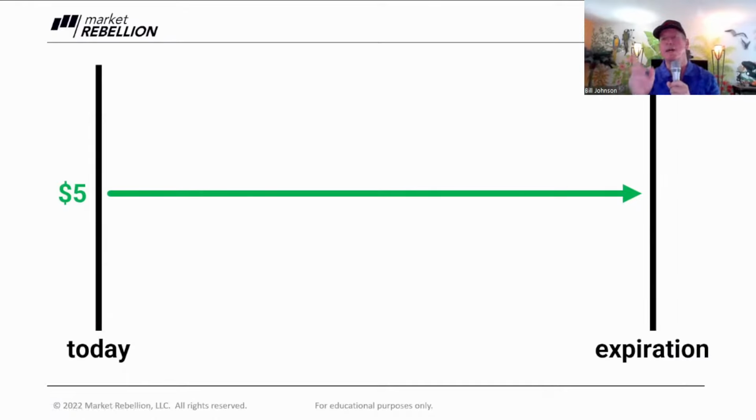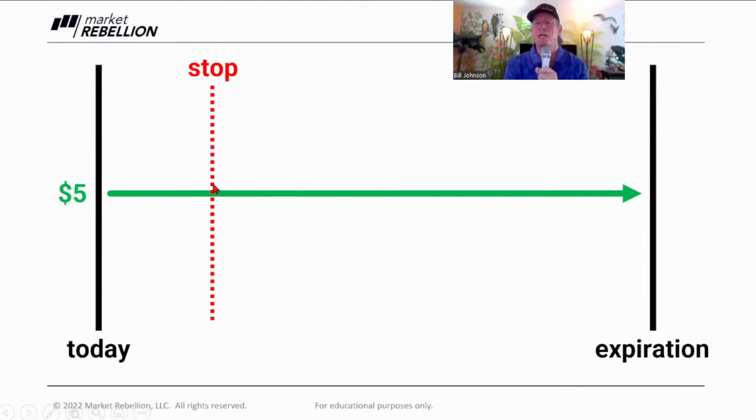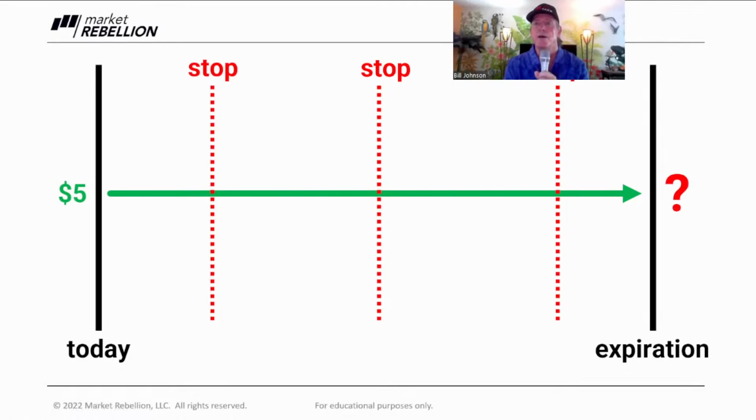So think of this as maybe 10 different doors out here, or 30 different doors if you want to think of how many days until expiration. But then what happens is we say, well, I'm going to place a stop here. Or I could place a stop here or here. And we could, but we don't know what the option's going to be worth in the future.